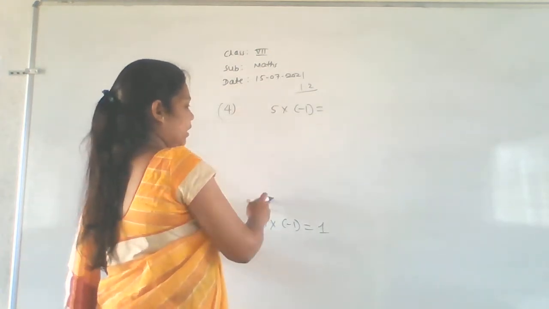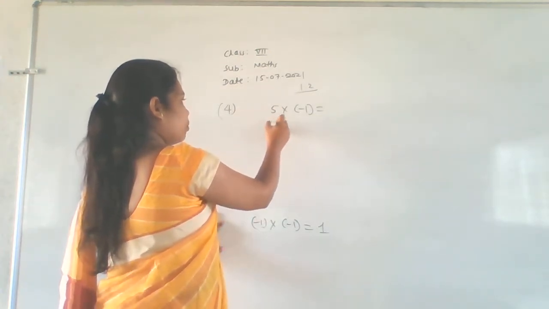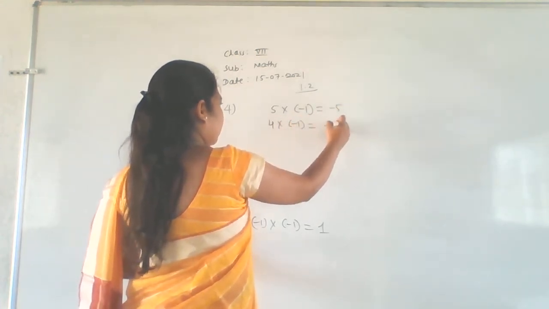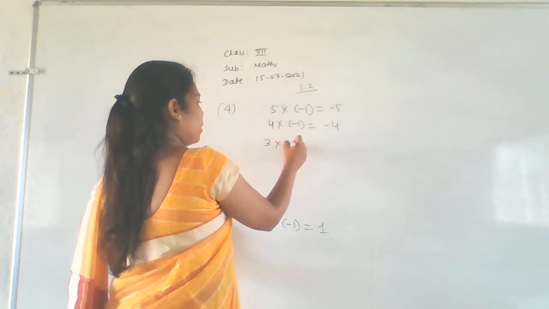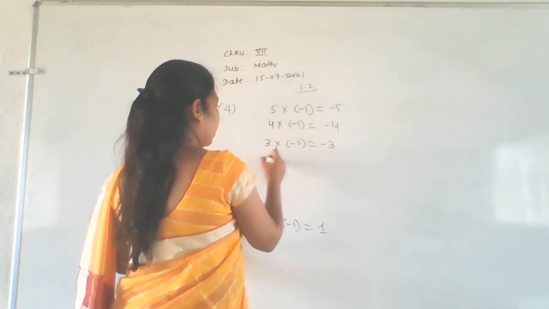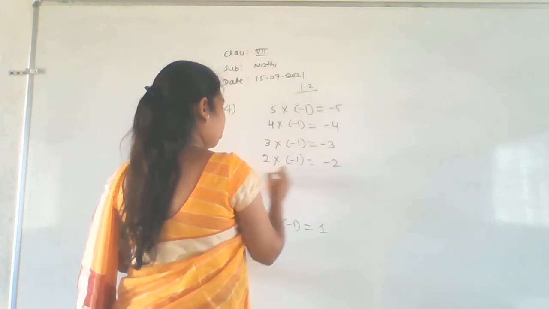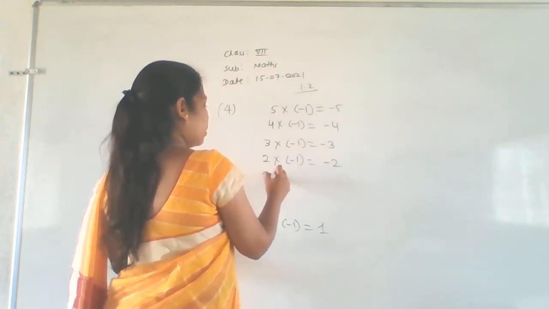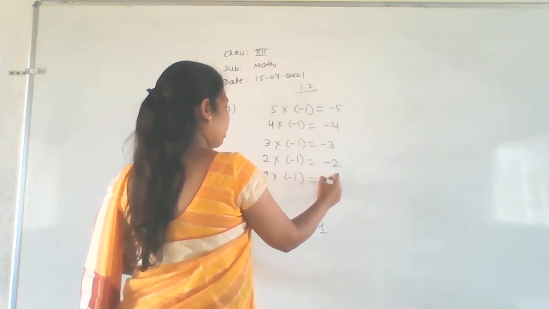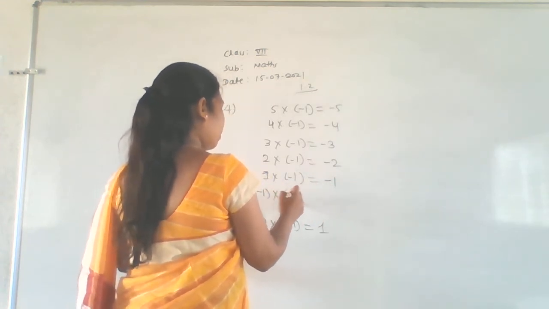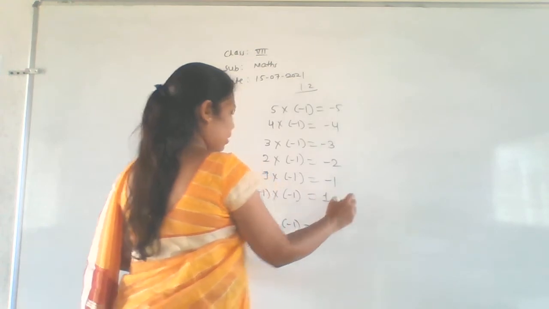Okay, so now here it decreases. 4 into minus 1 is minus 4. Next 3 into minus 1 is minus 3. Next 2 into minus 1 is minus 2. Next 1 into minus 1 will be minus 1. Next minus 1 into minus 1 will be plus 1.